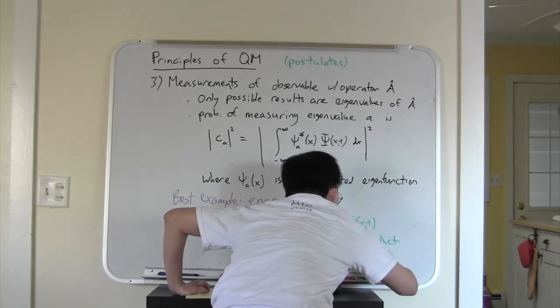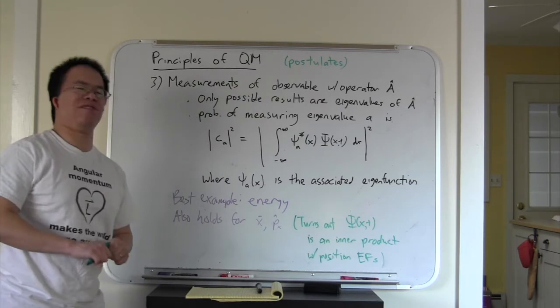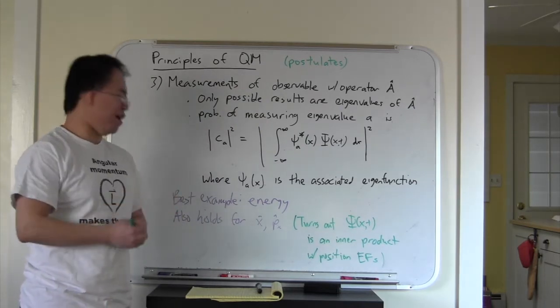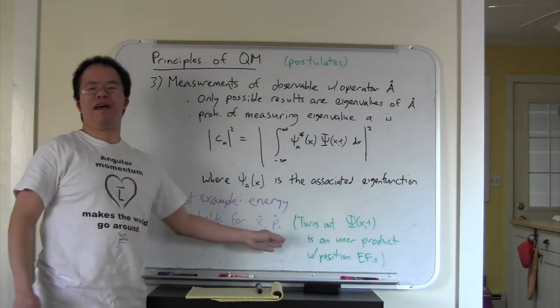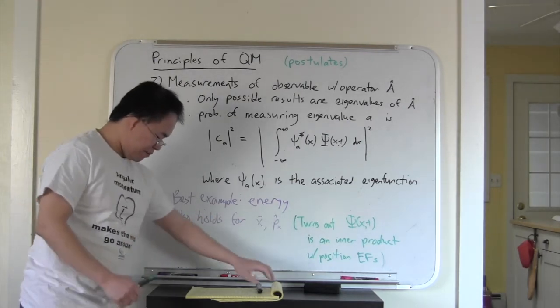I'm just going to abbreviate eigenfunctions as EF so as not to have to write that out. So yes, I'm being a little hand-wavy here, but this formalism still applies.